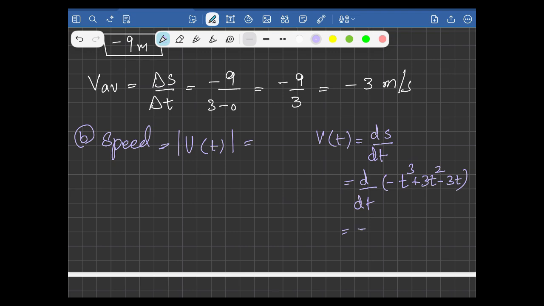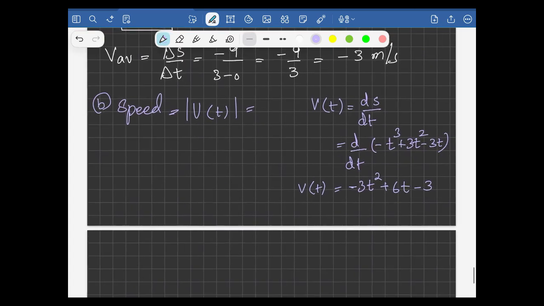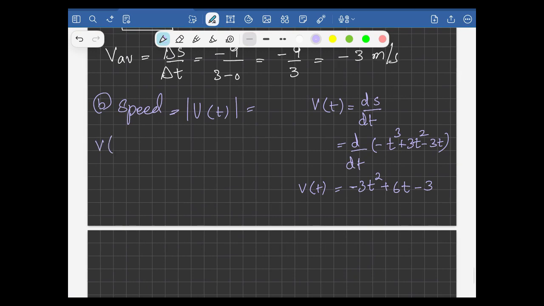So it's going to be minus 3t squared plus 6t minus 3. This is the value of the velocity, and we need to find its absolute value at the endpoints, which are 0 and 3. So velocity at 0 equals minus 3 times 0 squared plus 6 times 0 minus 3, so we are left with minus 3 meter per second here.